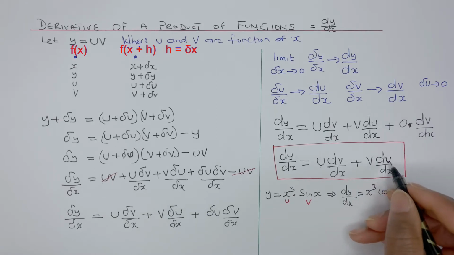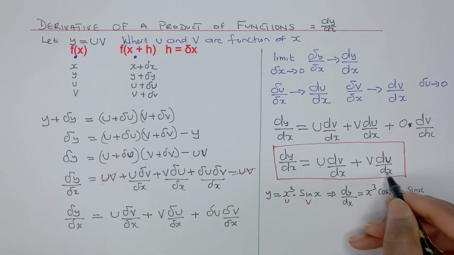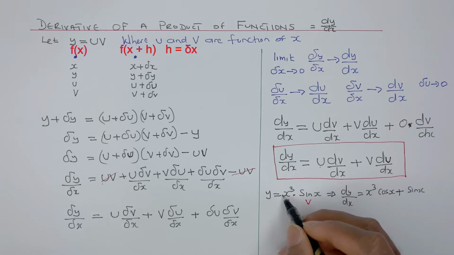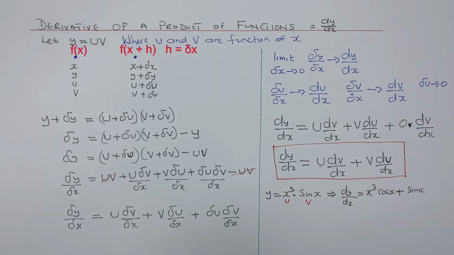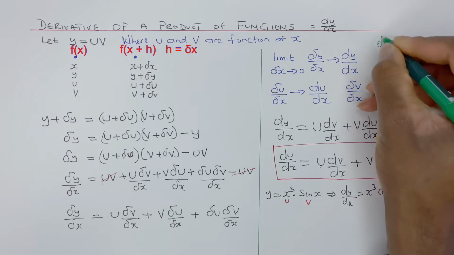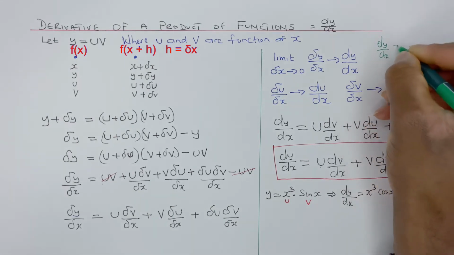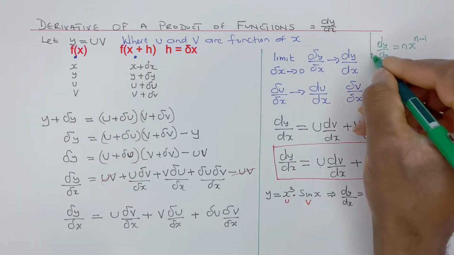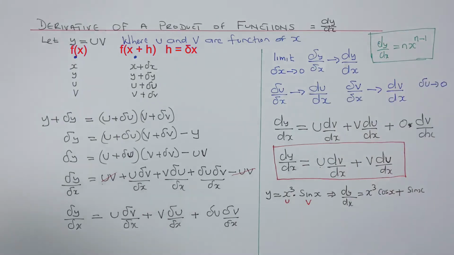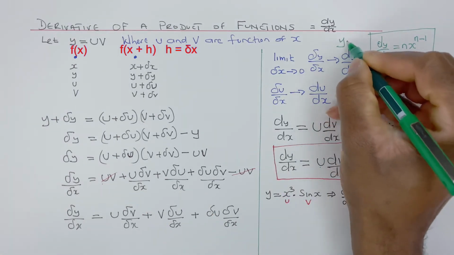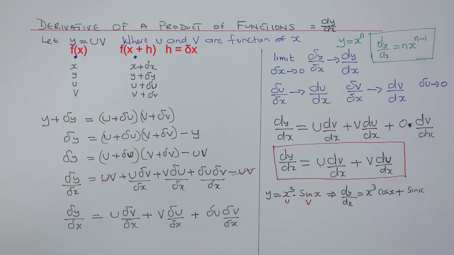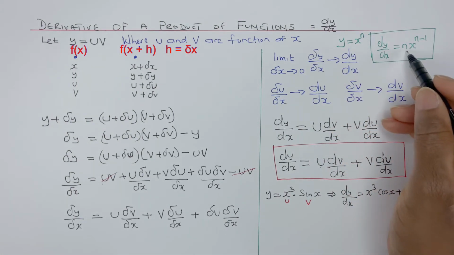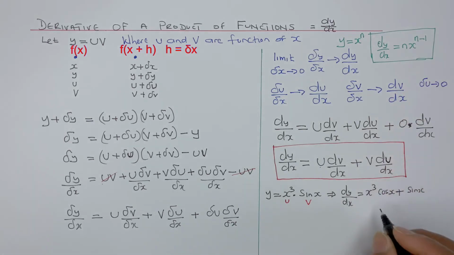Now differentiate u, which is x cubed. That will be 3, it goes to the front, because for differentiation, if y equals x to the power of n, then dy/dx is n x to the power n minus 1.